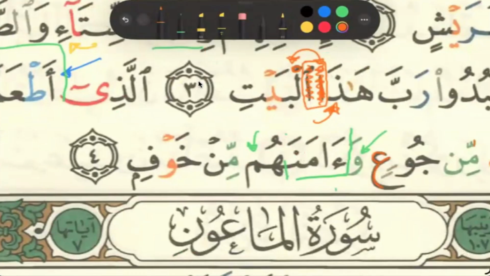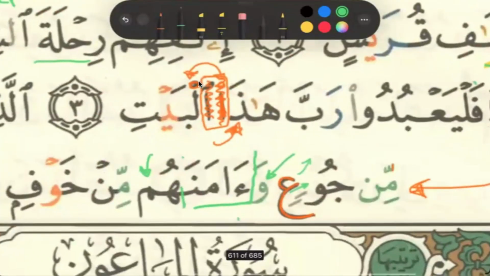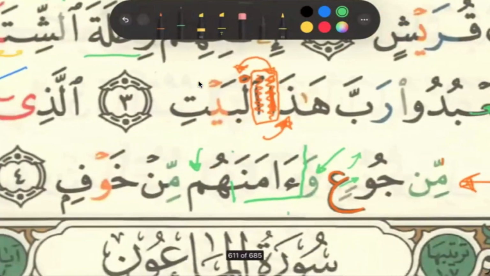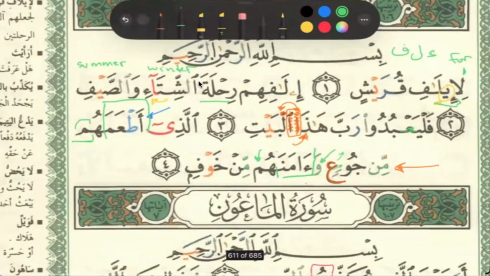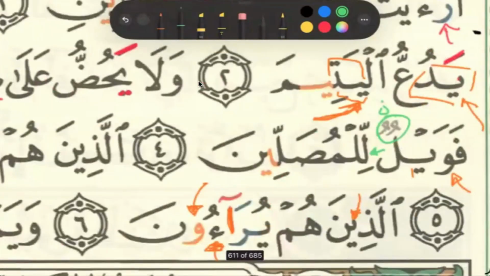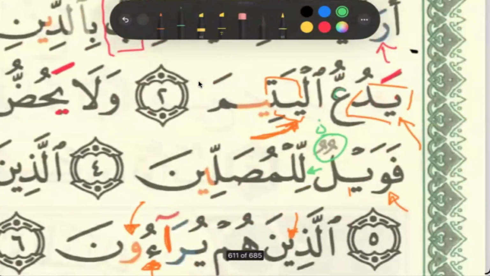Notice the angle there of this line. So it's not going up. Here's the ayn filled in there. Another one, at'amahum. Here's another ayn. Yadu'u.